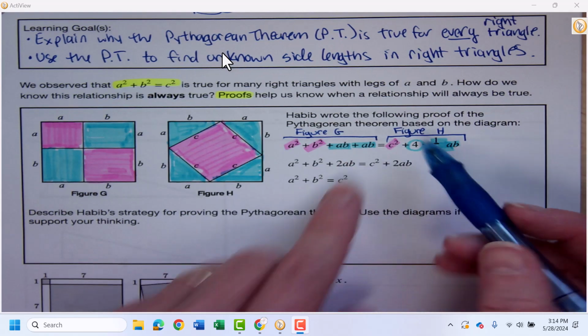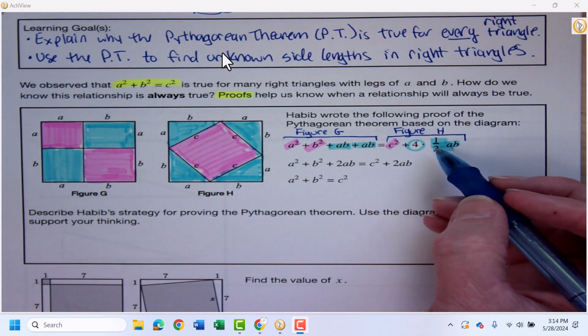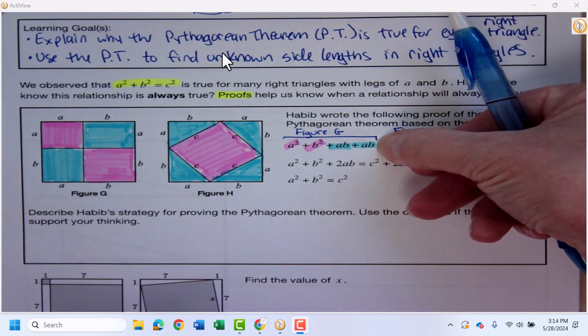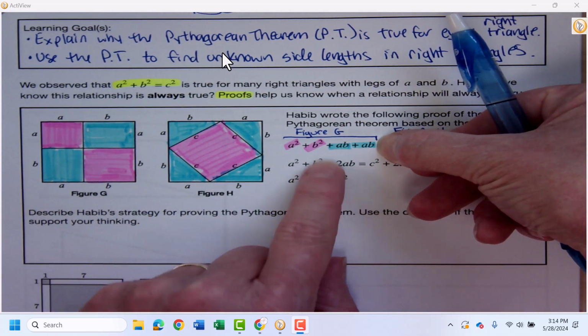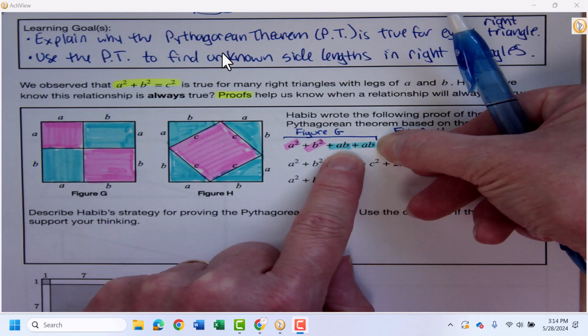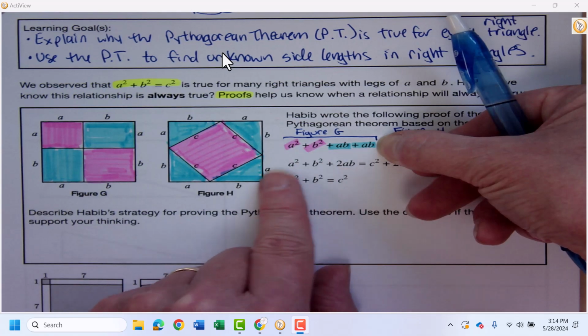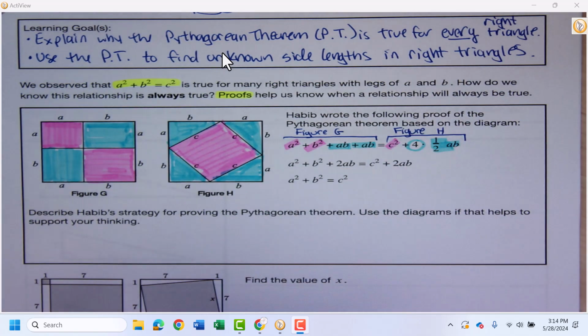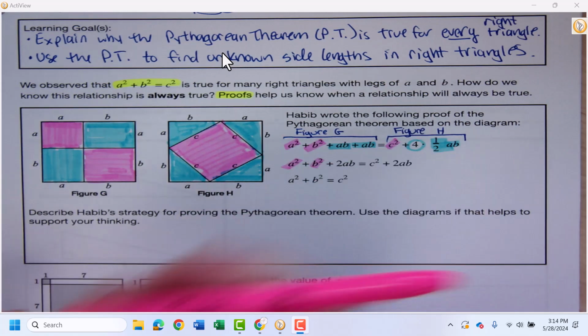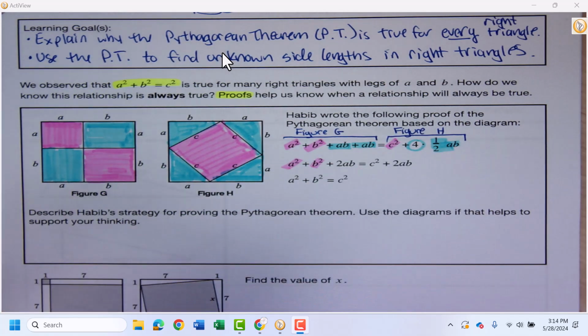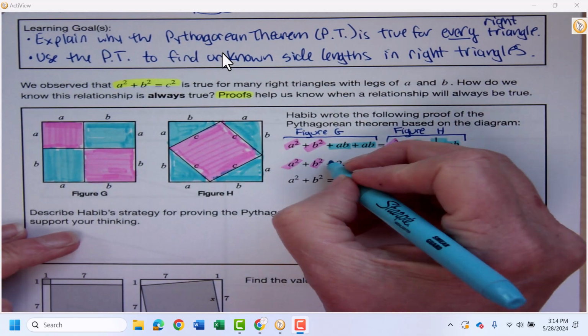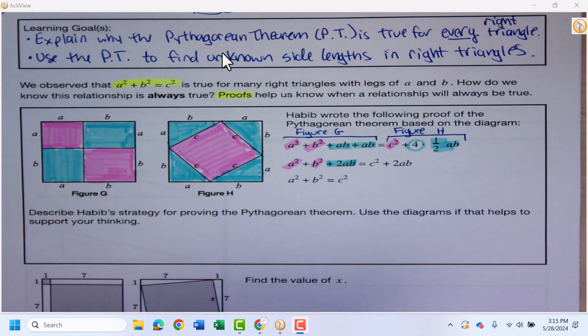And now we can just treat this like a regular equation. I'm going to simplify what I see here on the left. Since this is AB and another AB, I really have two AB. And I have the A squared plus the B squared. So we just combined those two rectangles that had areas of AB.